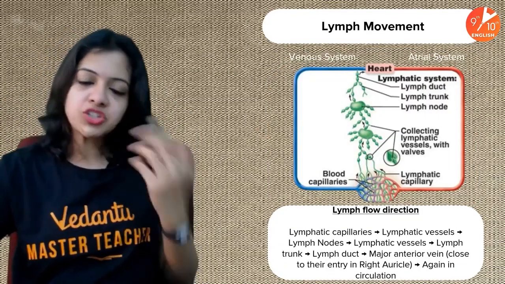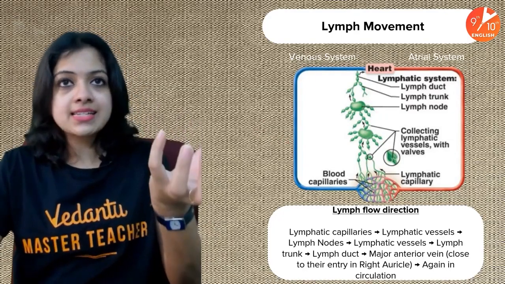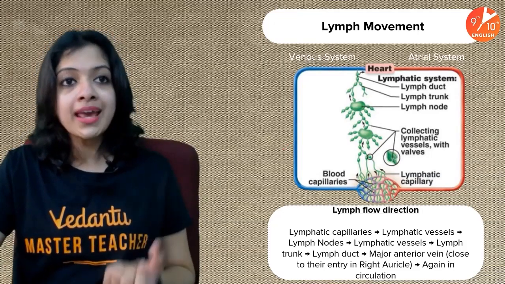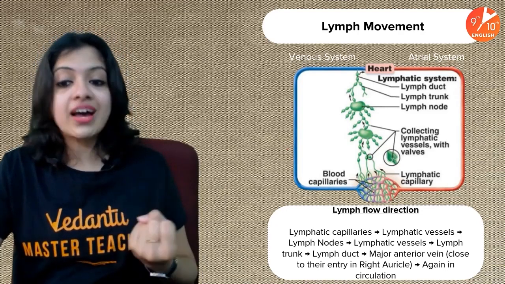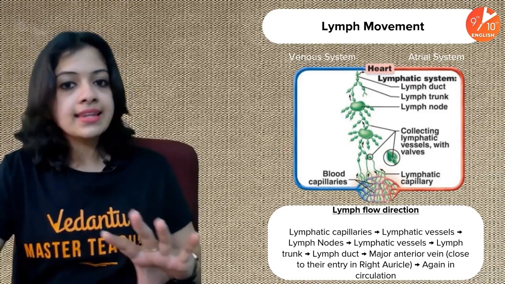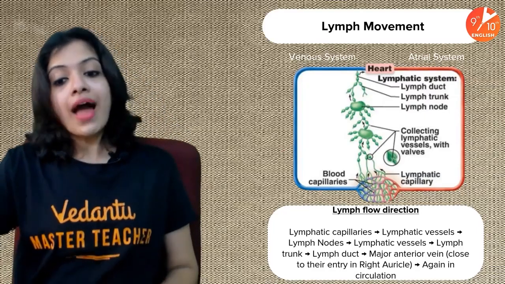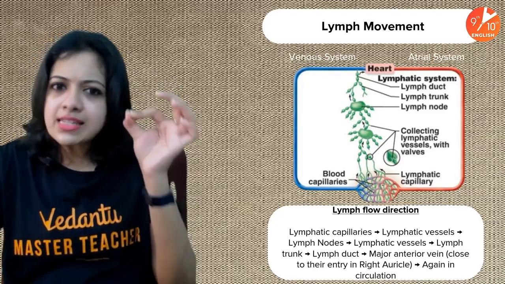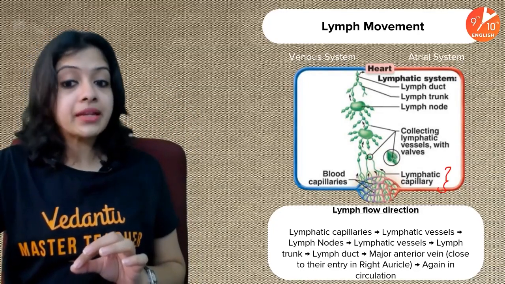Now, lymph flow direction, as I told you, where does it go? We have said that lymph gets collected, as in it's initially in the form of tissue fluid in between random cells of your body. It gets collected, it enters into what we call the lymphatic vessels, and then we call it the lymph. So there are tiny branches of these lymphatic vessels which we call lymphatic capillaries.